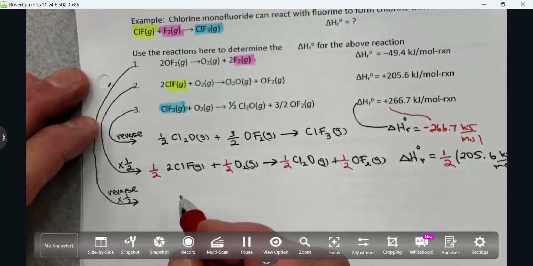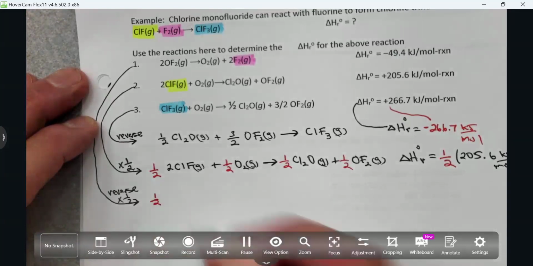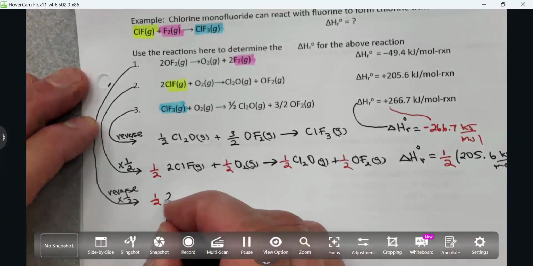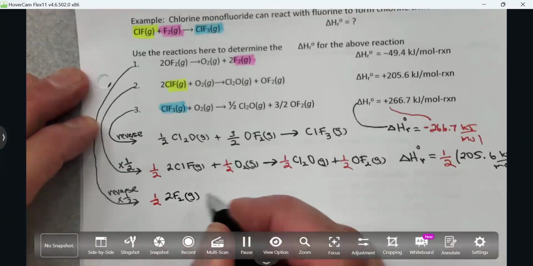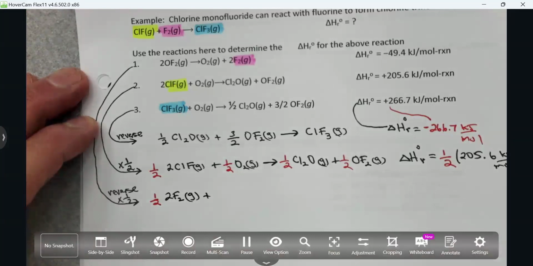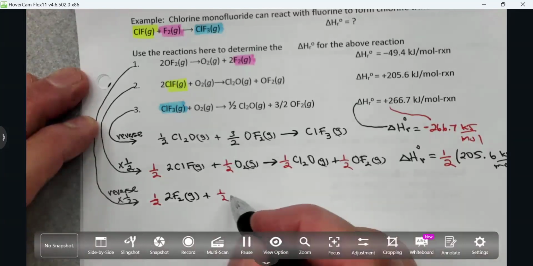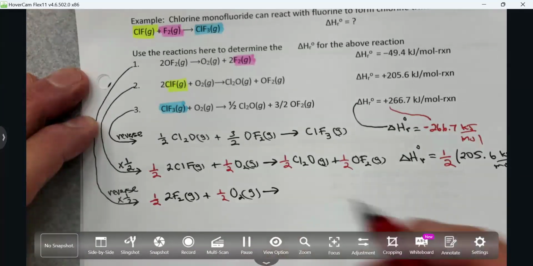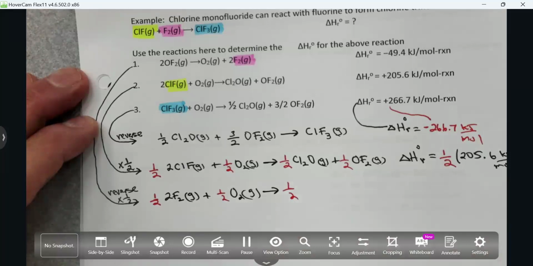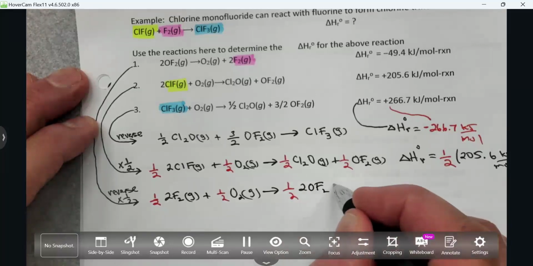I'm going to end up with 1/2 2F2 gas plus 1/2 O2 gas. It's going to yield 1/2 2OF2 gas.